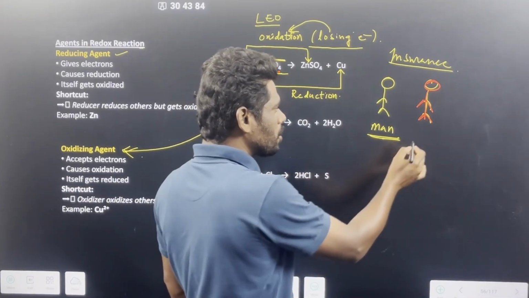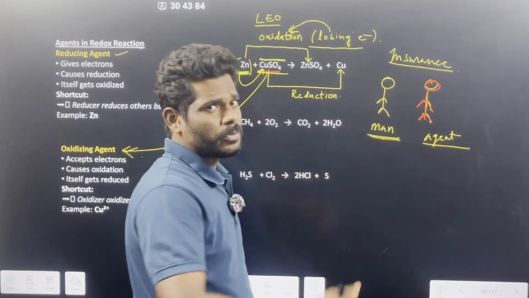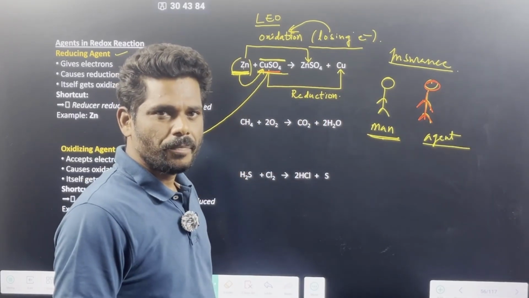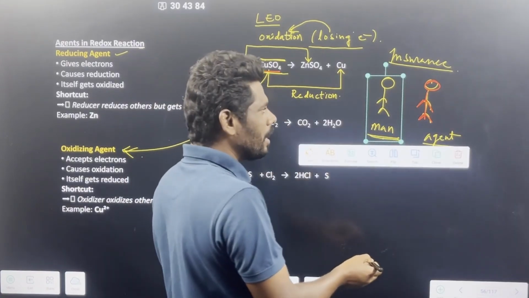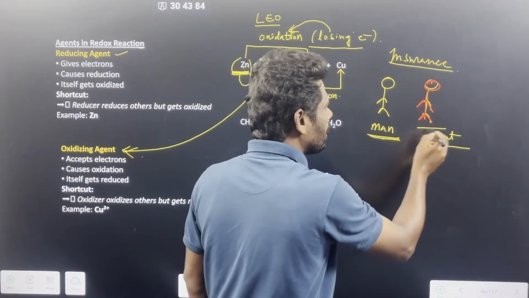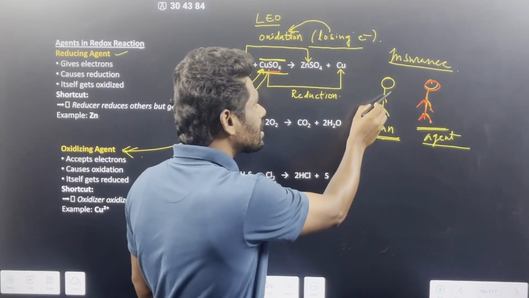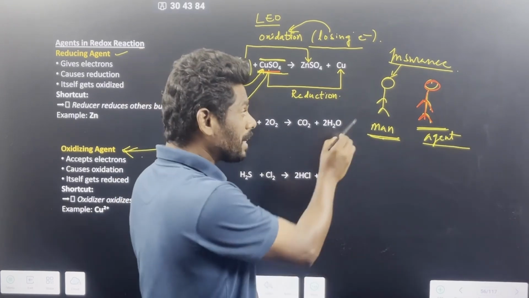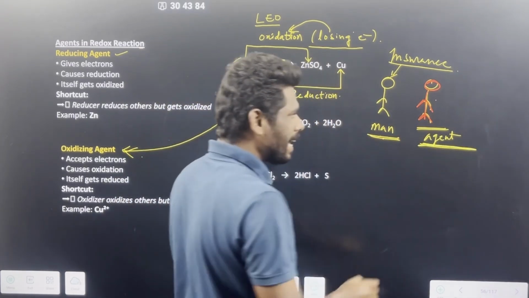To propose his insurance policy, one more person, maybe an employee of that company, acts like an agent. So he is taking the policy in the presence of an agent. Who is taking the insurance? This man, in the presence of another man. That other man is called the agent.